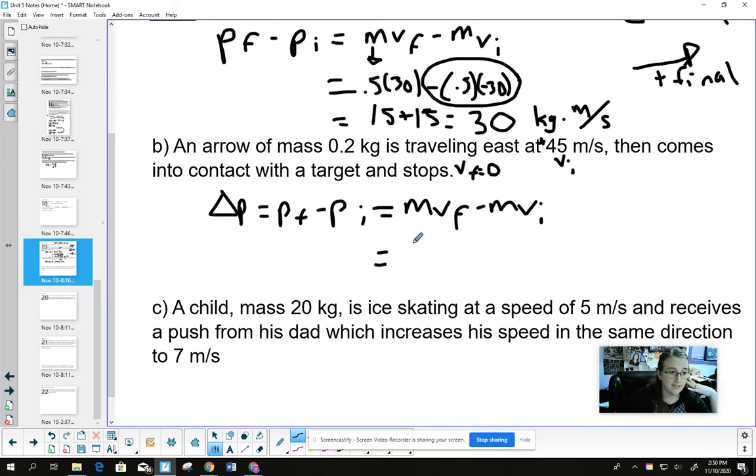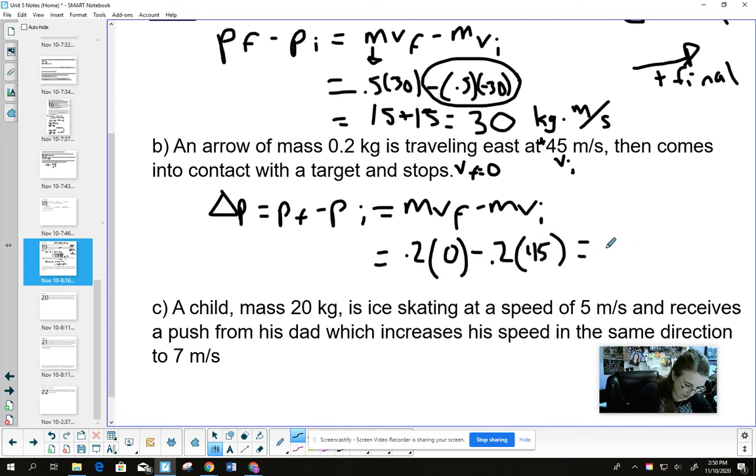We've got its mass, 0.2 kilograms, times its final velocity of 0, careful that we put the 0 there, minus 0.2 times a positive 45. So we should have gotten 0.2 times 45. Its change in momentum is negative 9 kilogram meters per second.